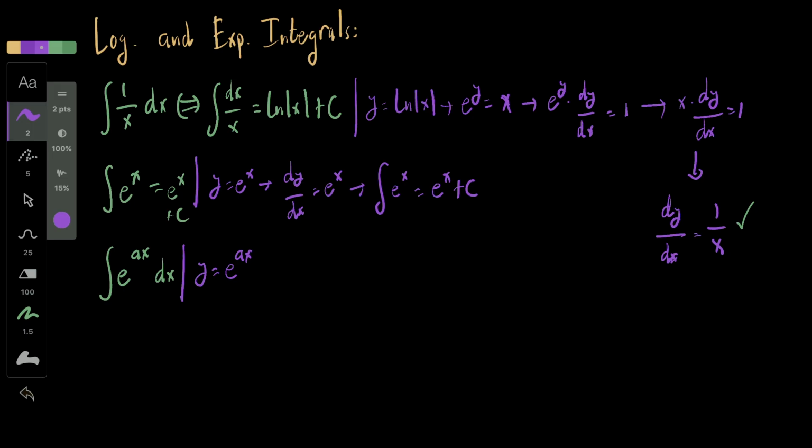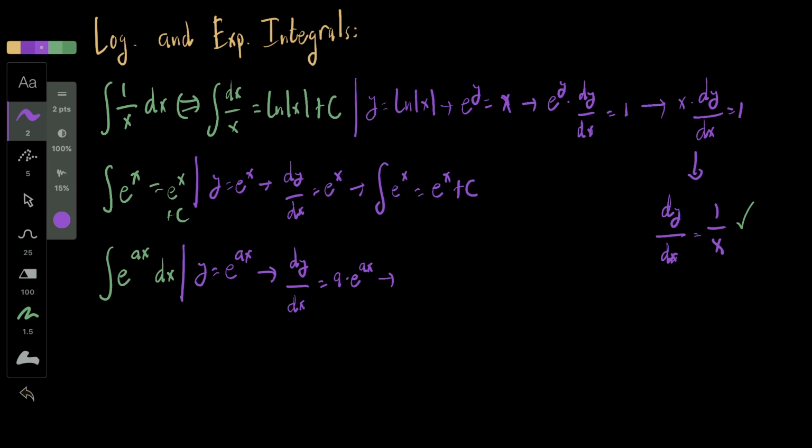Now we can differentiate both sides. So dy by dx is equal to a times e to the ax, by the differentiation technique, the chain rule. So what we can do after that is integrate both sides.